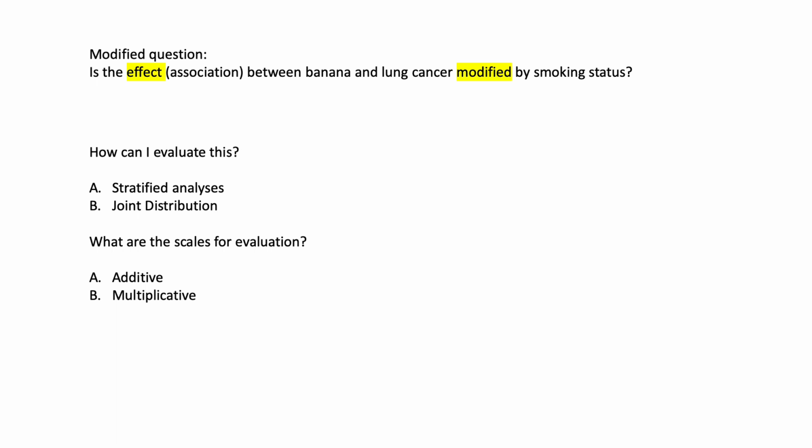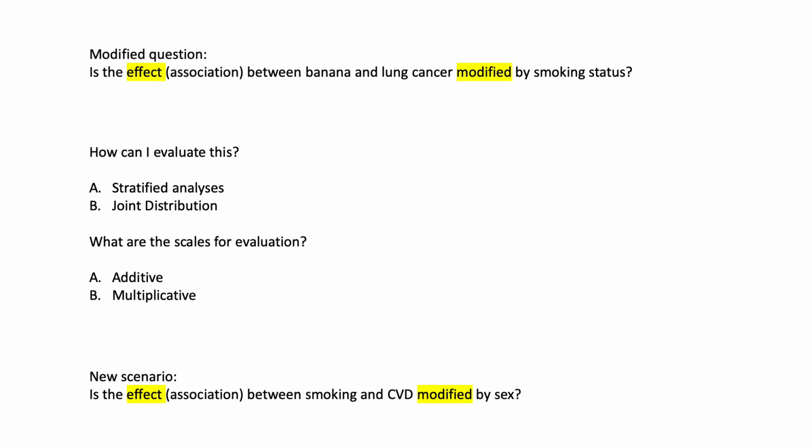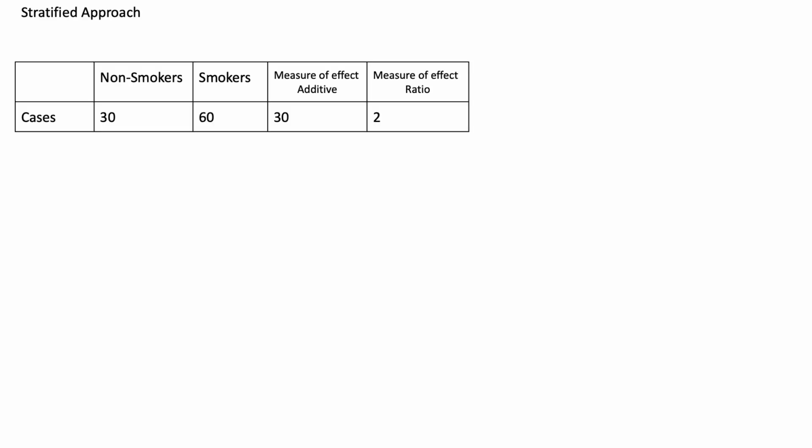For the rest of this video, I'm going to change to a more intuitive and a real life example. So now we are going to see: is the effect between smoking and cardiovascular disease modified by sex? So here is our situation. We follow 100 non-smokers and 100 smokers, out of which 30 develop cardiovascular disease in the non-smoker group and 60 develop cardiovascular disease in the smoking group.